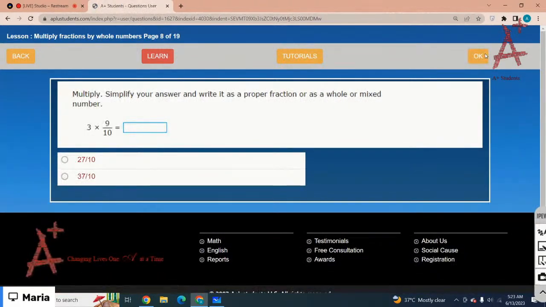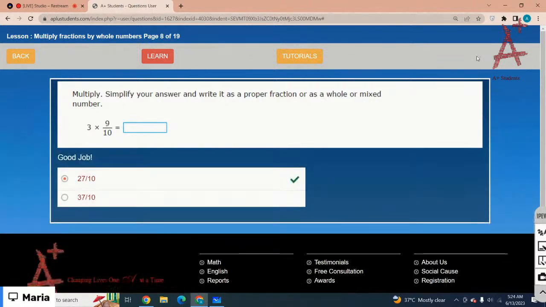Okay, 3 times 9 over 10. So which is the correct option? Three times 9 is, very good, that would be 27 over 10. The correct option is 27 over 10.